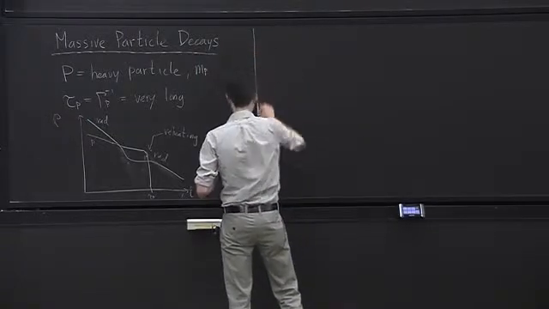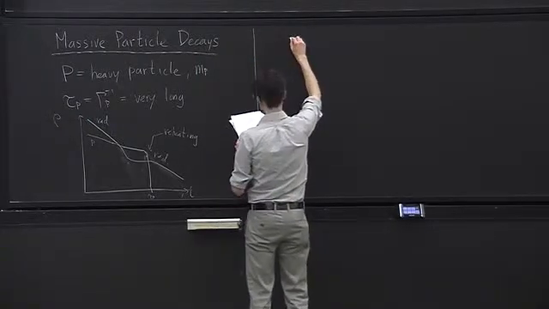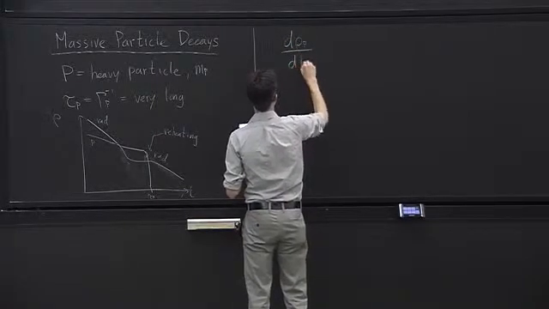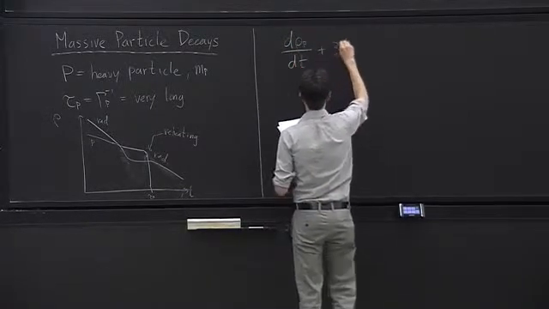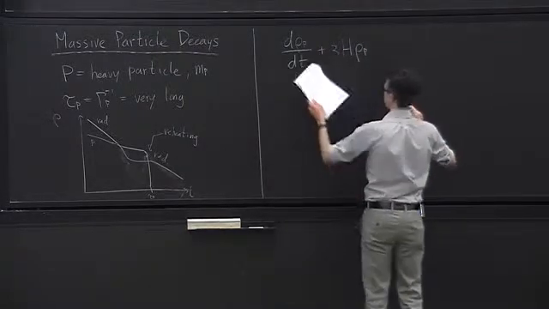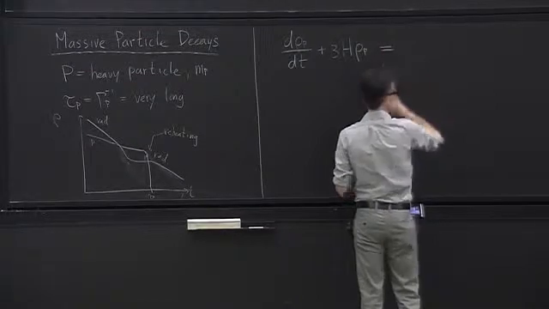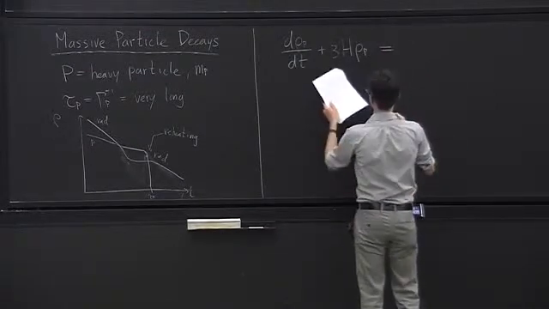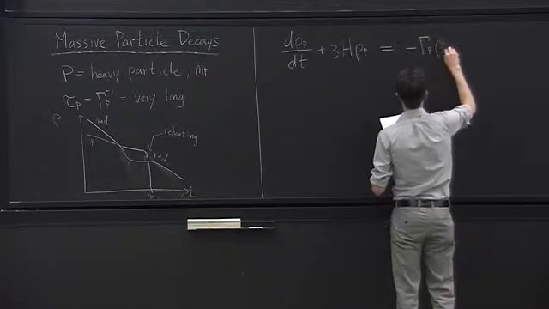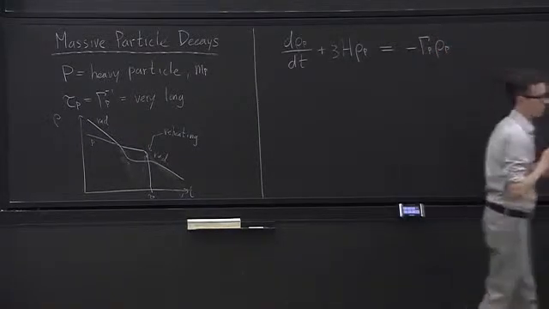I can describe the situation quantitatively by writing evolution equations for the energy density in P particles. And we assume that this energy density acts like matter. So I have a 3 here. But I also lose energy density in P particles at the rate given by the decay rate.